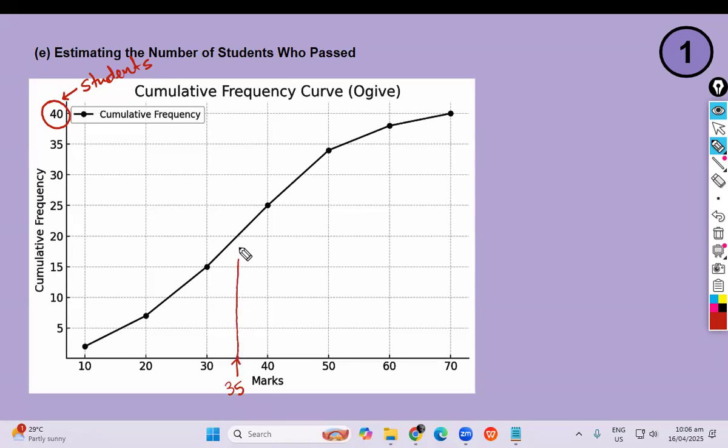Go straight up, and wherever it hits, go straight across. We fall on 20 students. In case you didn't do it, look for 35, go up, hit the graph, and then go to the left. So it falls on 20 students.